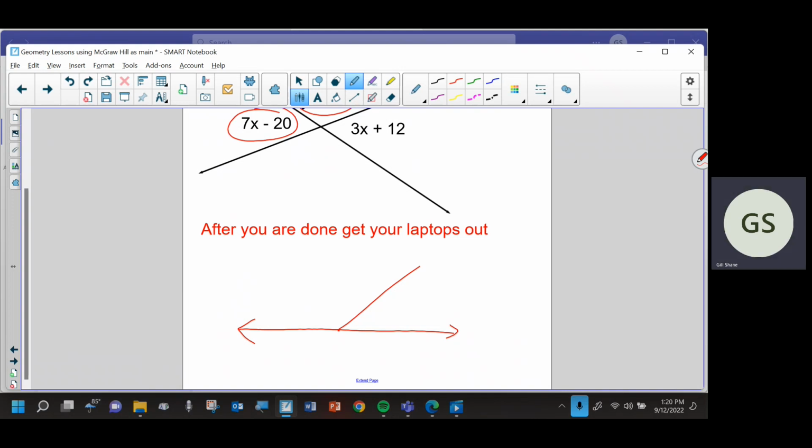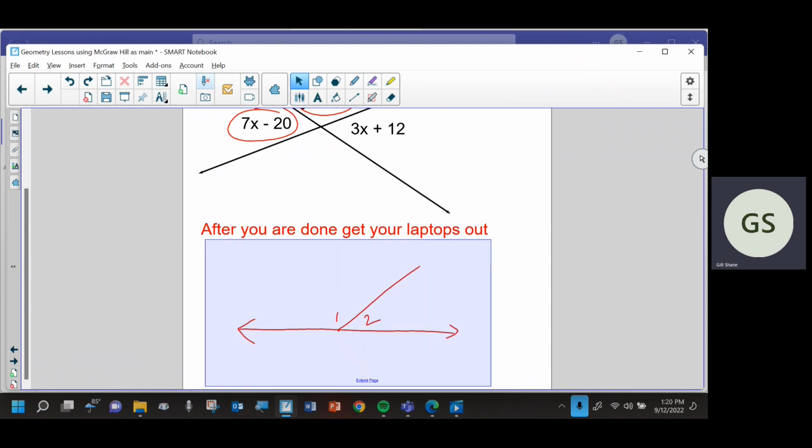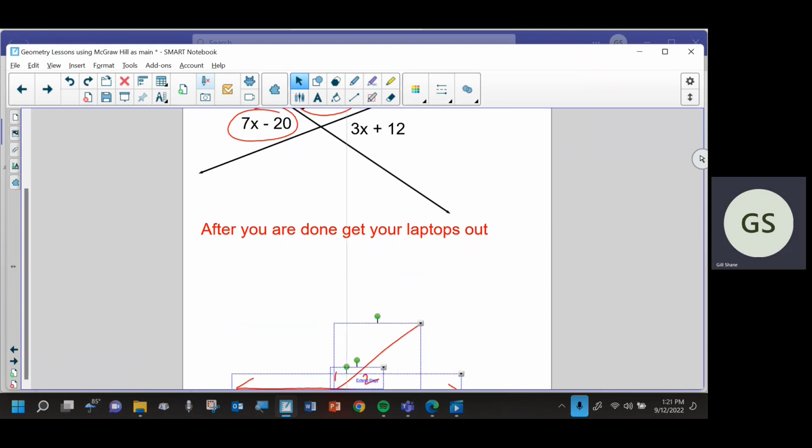If I split them and I call that angle 1 and angle 2, that's the other concept you have. The two smaller angles. So when I split an angle, let's move that down.